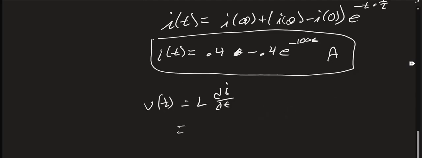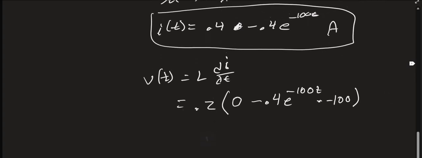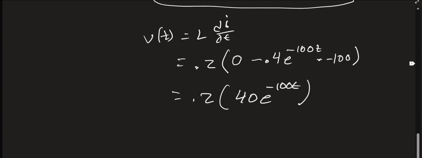So L was 0.2, and then the derivative of this is 0 minus 0.4 e to the negative 100t times minus 100, or 0.2 times 40 e to the negative 100t is 8 e to the negative 100t volts.